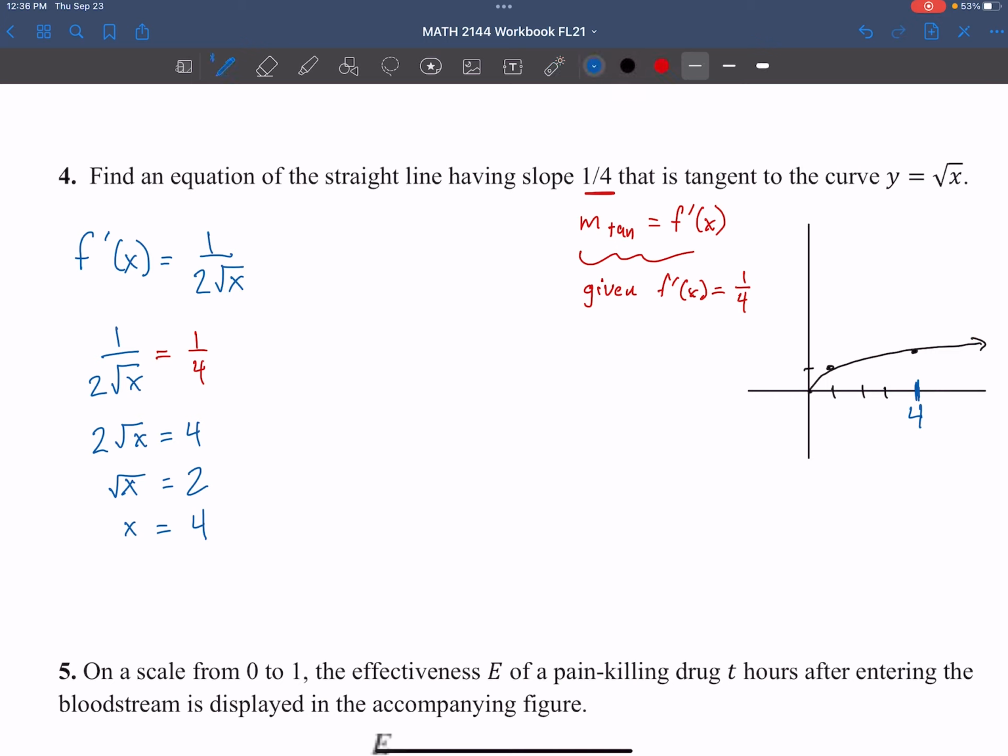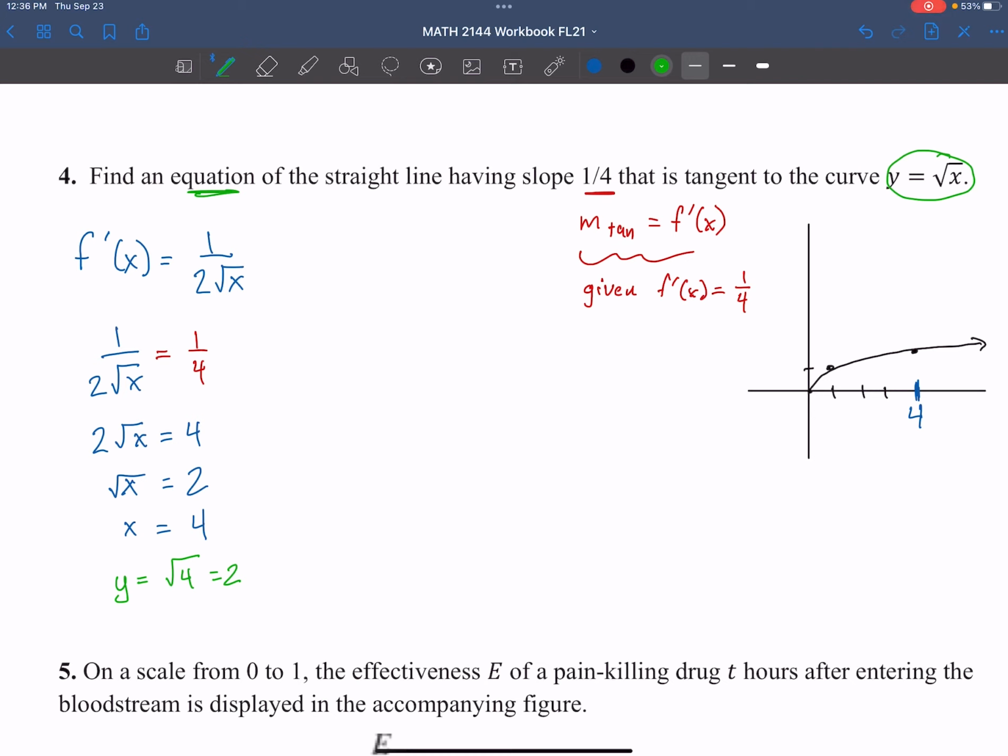So if I want the equation, let me change to green here. I want the equation for the tangent line. If I have x, how do I find the associated y? I use the original function, which is this one right here. So y is equal to the square root of 4, which is 2.